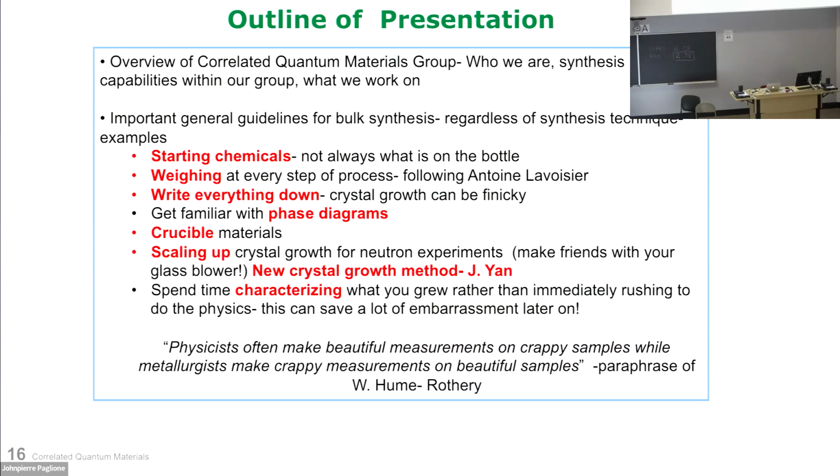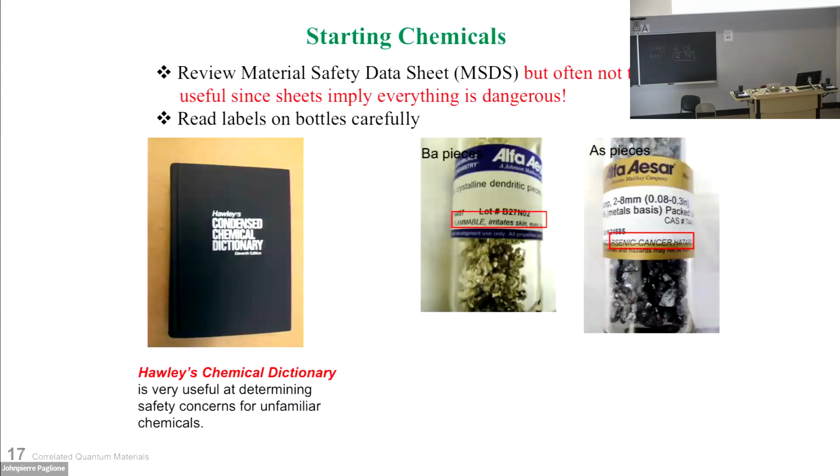Okay, so that's kind of what our group does in a very general sense. Now I'm going to go through some of the basics. Starting chemicals. We think, well, you just buy the chemical and you use it. Well, that works for some things, but it's good to know a little bit about the properties of the material and how careful you have to be with it.